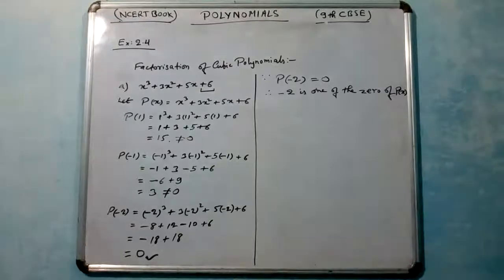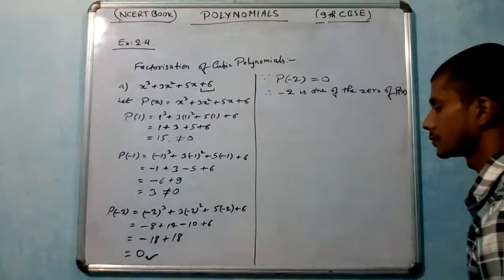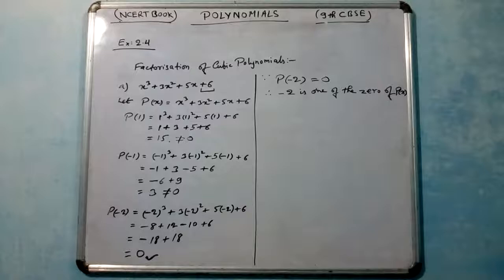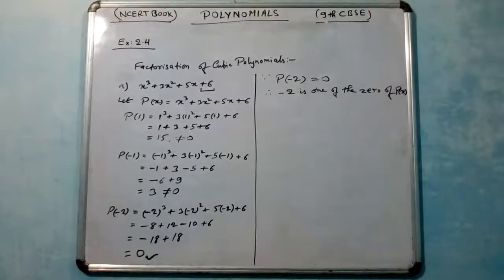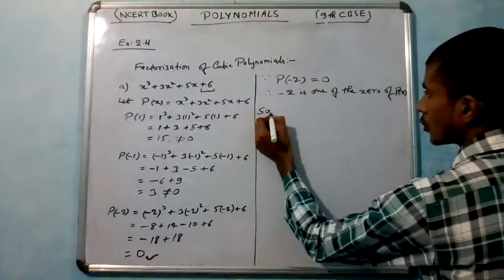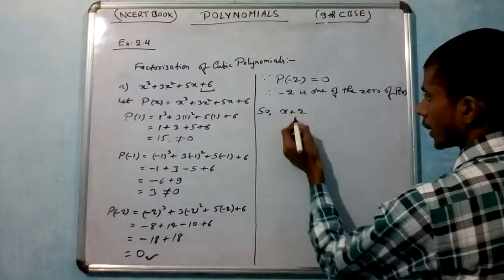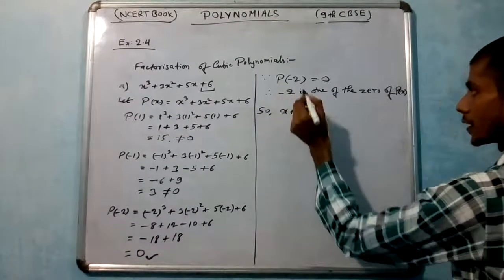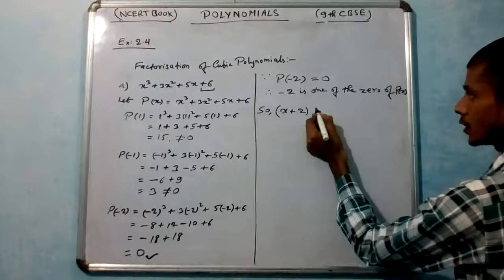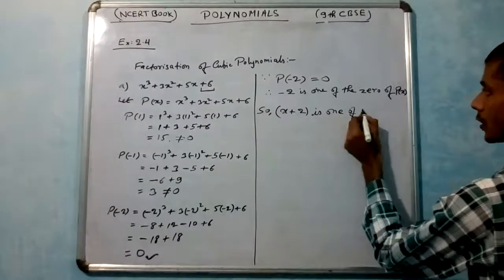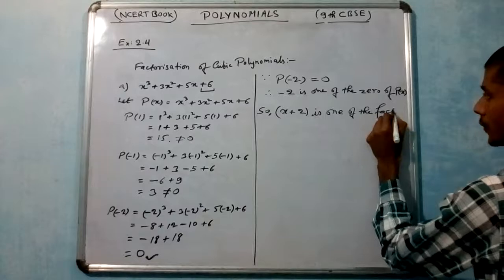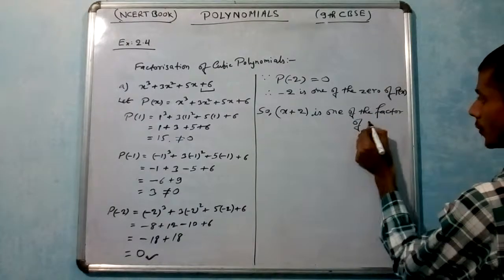Any problem till here? So x plus 2 means x minus of minus 2. x plus 2 is one of the factors of p(x).